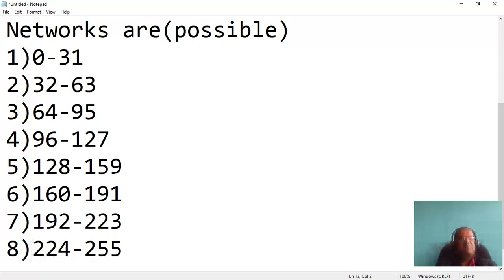So the maximum number of subnetworks that you can make here is 8 networks from the given IP and the CIDR. Now let us try to implement this in Packet Tracer.